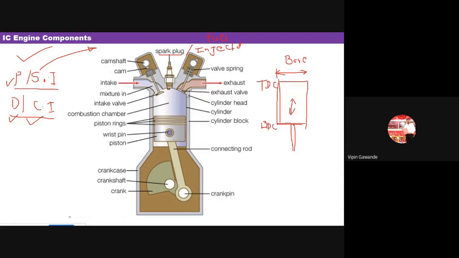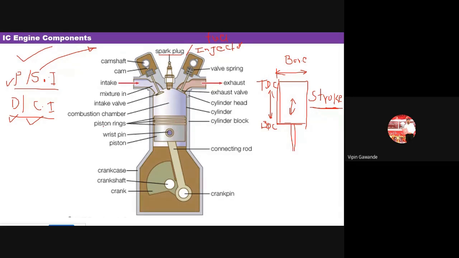The distance covered by the piston from bottom dead center to top dead center, or vice versa, is called the stroke. Remember these two words, you will definitely get questions on them in the examination. Now the piston is made up of cast iron, as we have seen. It is a very important component in the IC engine. The piston is covered with what?